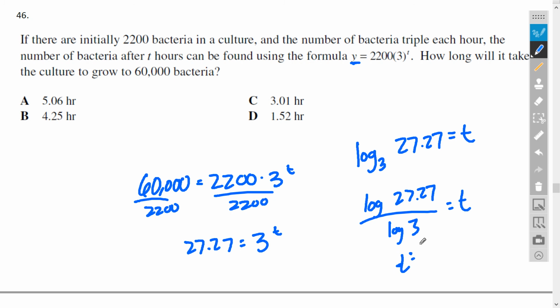So common log of 27.27 divided by common log of 3, and that gives me about 3.01 hours for that one.